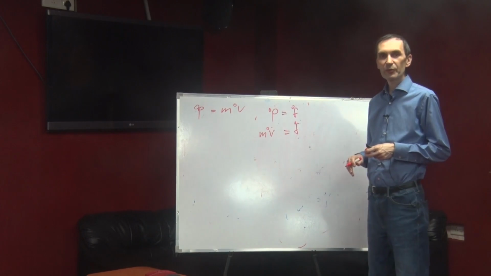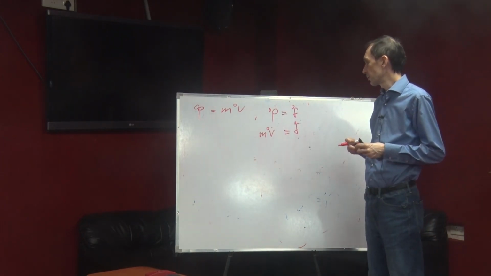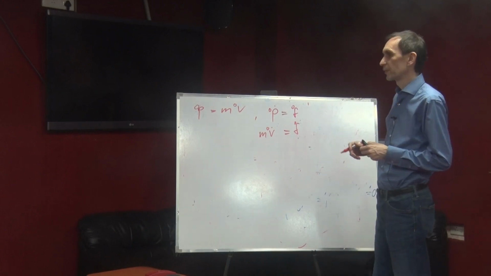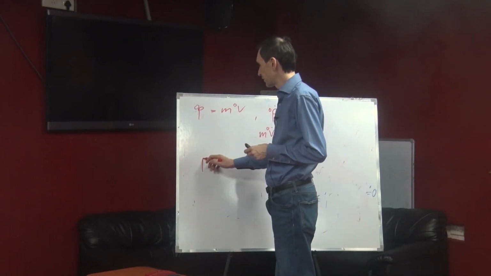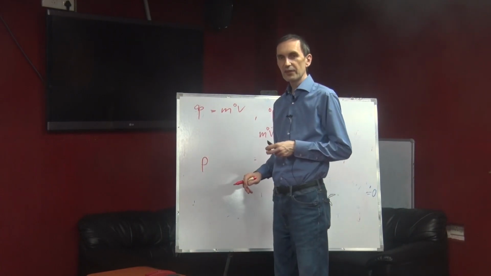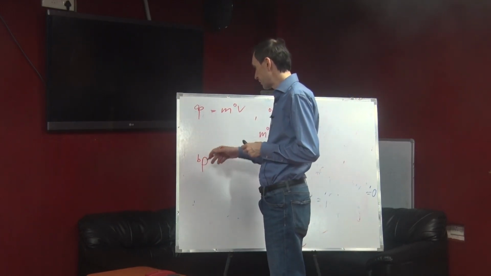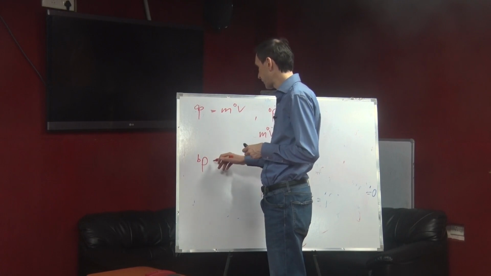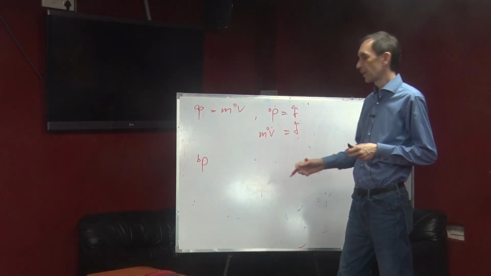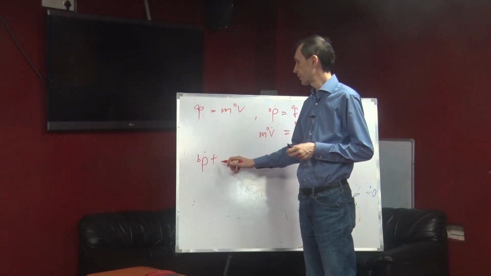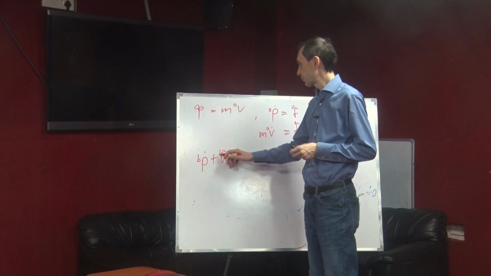So this is the case when we would have expressed everything in a space fixed frame. Now we are not in a space fixed frame, we are in a body fixed frame. And if we transform the time derivative in the body fixed frame, it looks different, because if B is the frame in which we're expressing it, then this time derivative becomes P dot plus omega cross P, everything in the B frame.